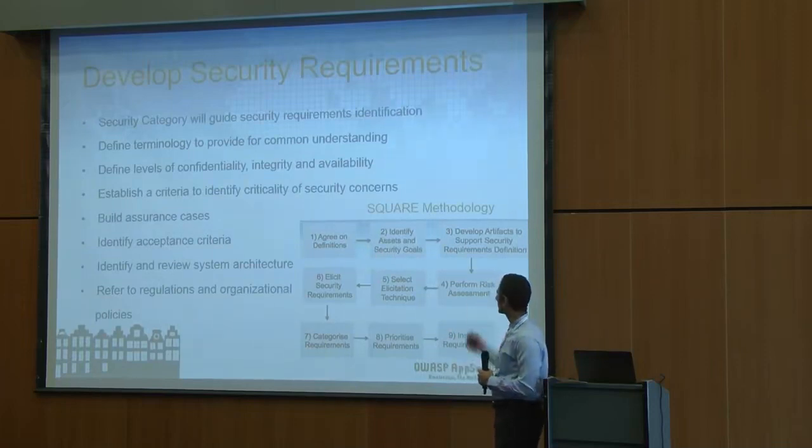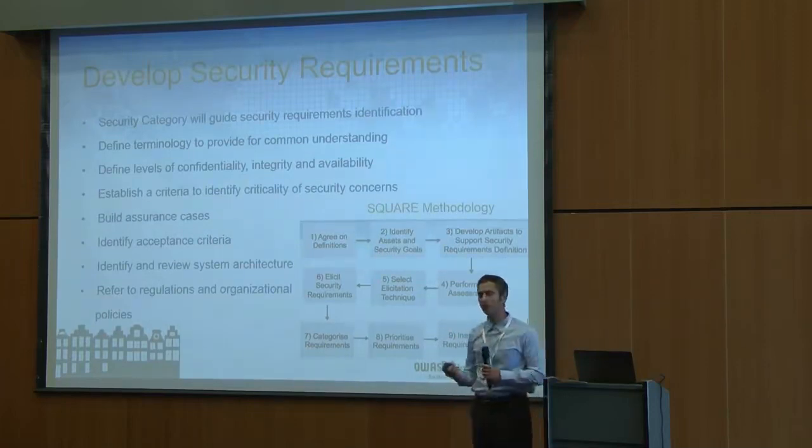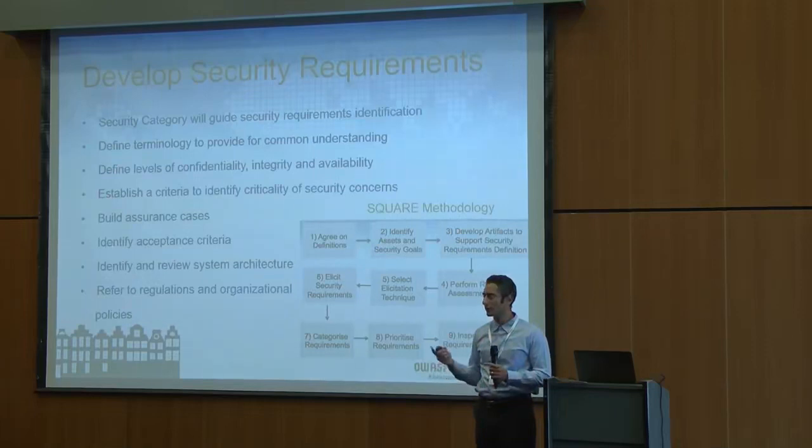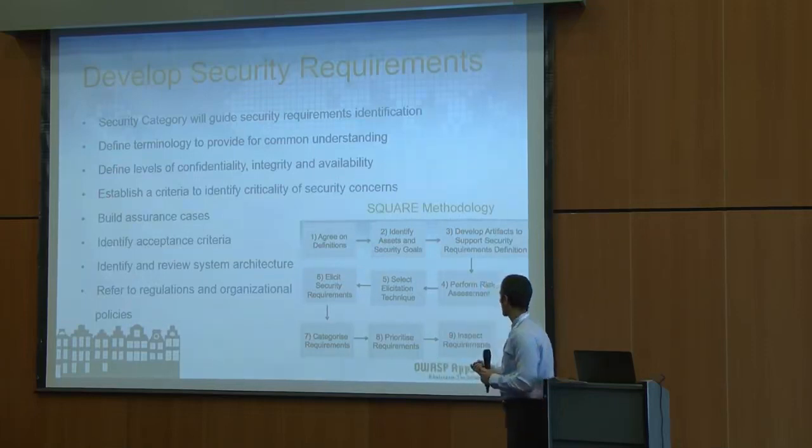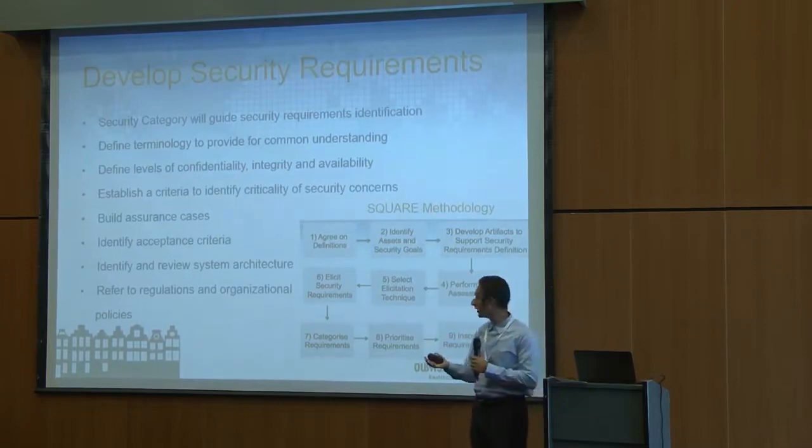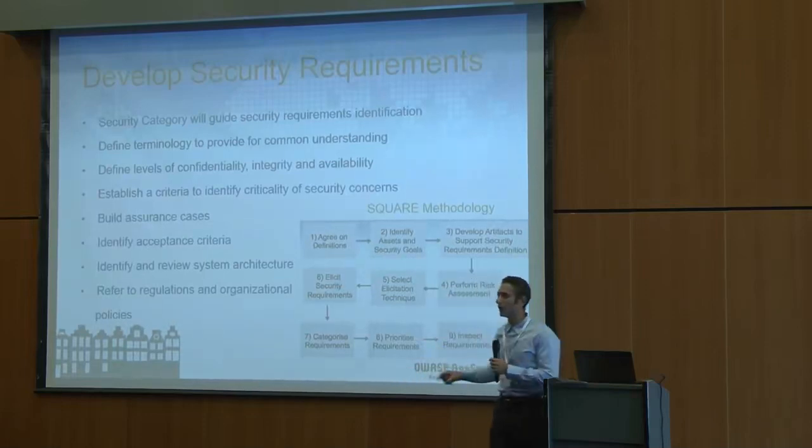Now this is a method developed by a research group at Carnegie Mellon. It's a 9-step process, and this is a sample of it. I won't go into detail with the process itself, but it's something that you might want to look up. I believe on the next slide we have a source for you to go check it out.